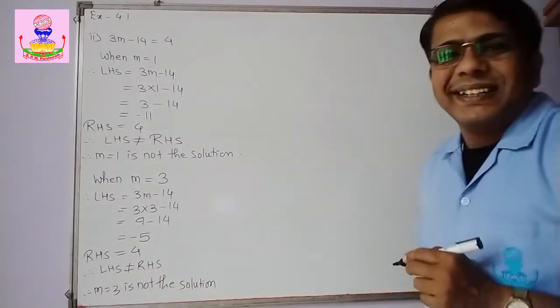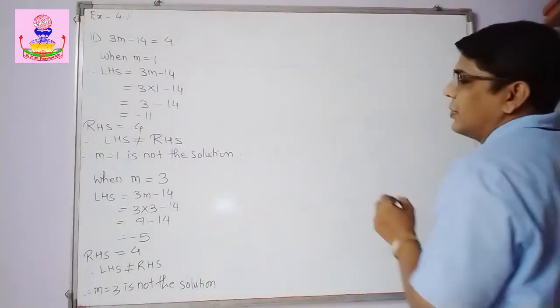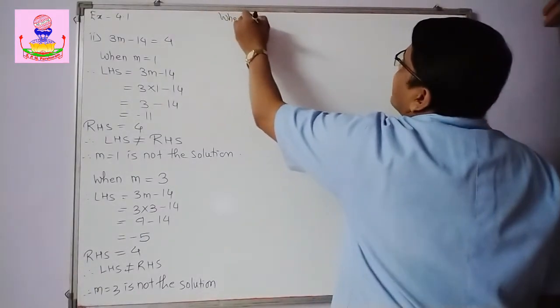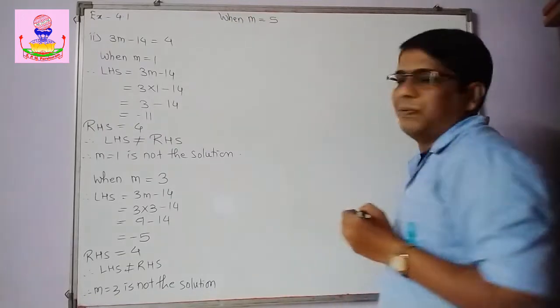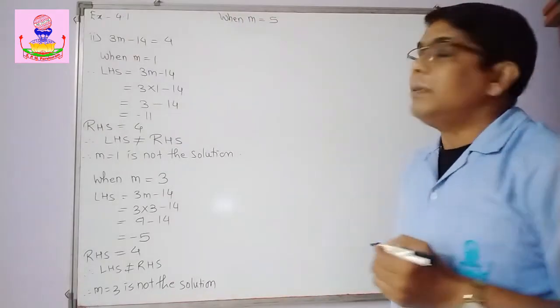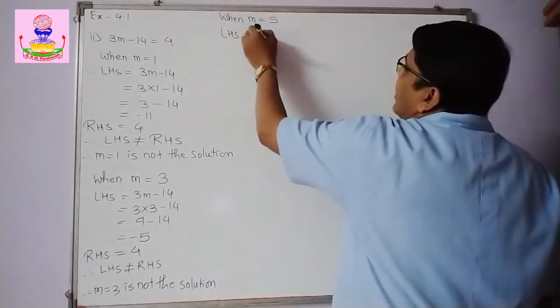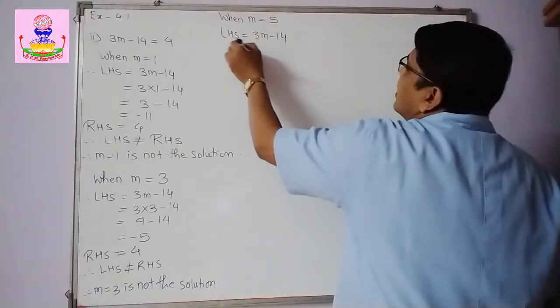Then what can we do? Next value, when m is equal to 5. So when m is equal to 5, LHS, 3m minus 14.